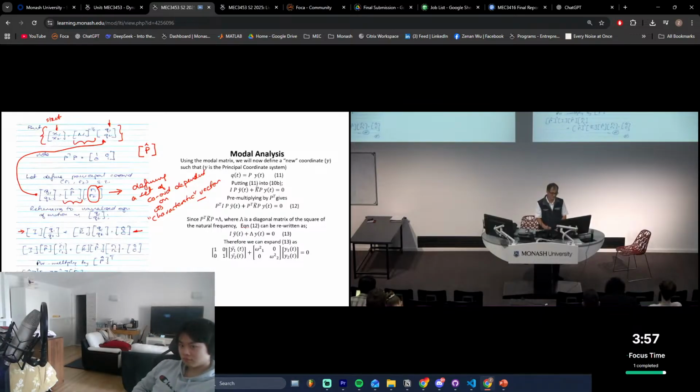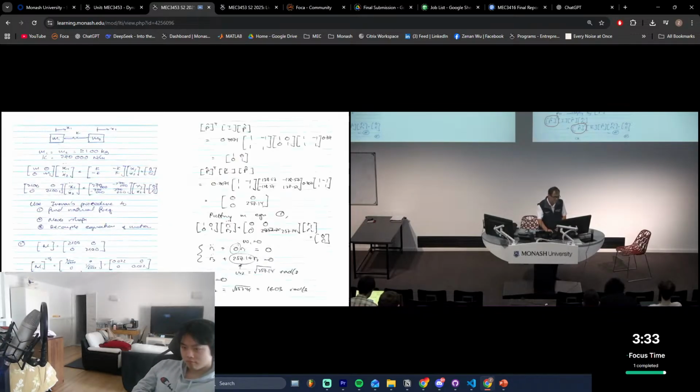My mass normalized equation of motion in terms of Q1 and Q2. And if I now substitute my definition of Q1 and Q2 into this equation, this is what I have. I then pre-multiply everything by the transpose of the normalized eigenvector matrix. And guess what?